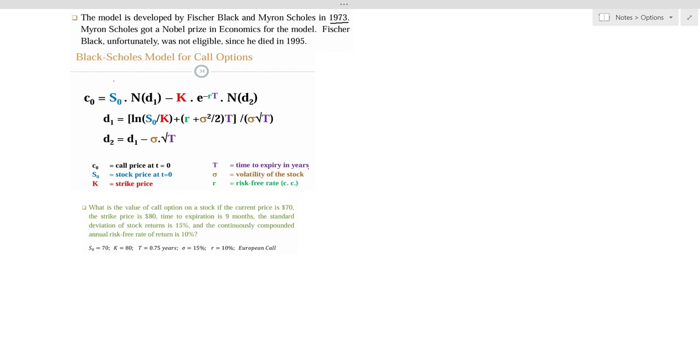So let's define the parameters of the model. That's the model. C0 means the call price at T0. S0 is the stock price at T0, and N is the probability, actually the cumulative distribution. If you are familiar with statistics, you will understand what it is.